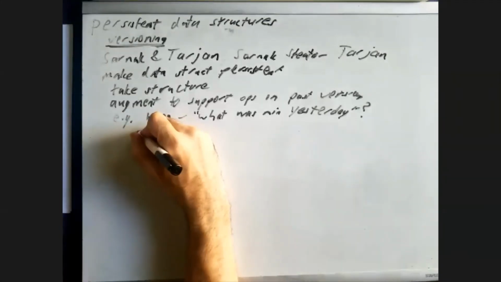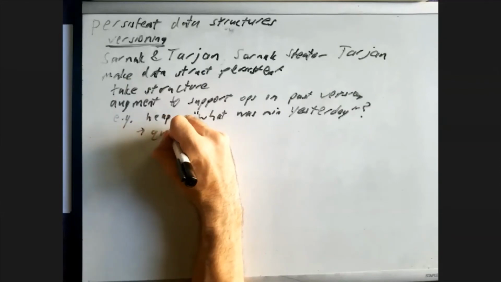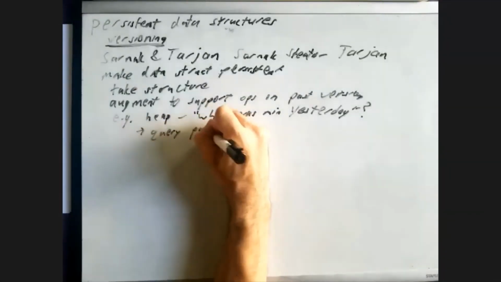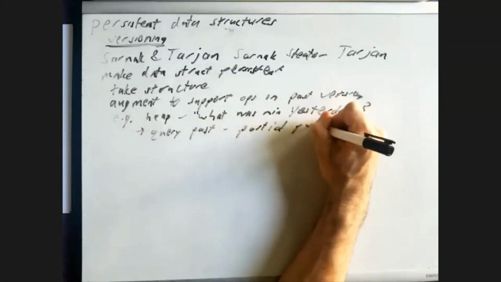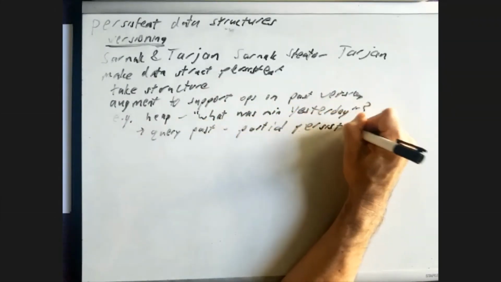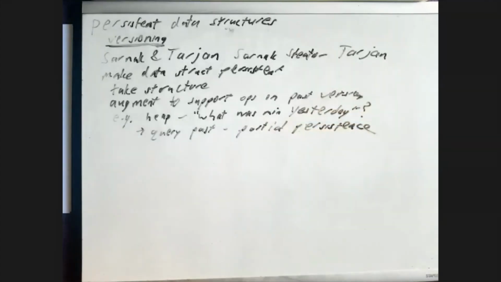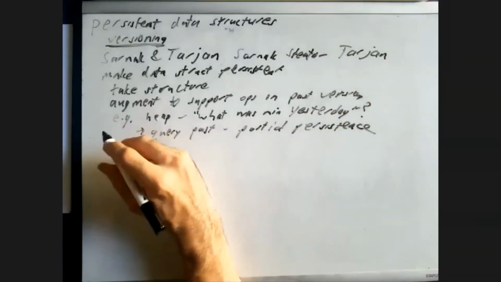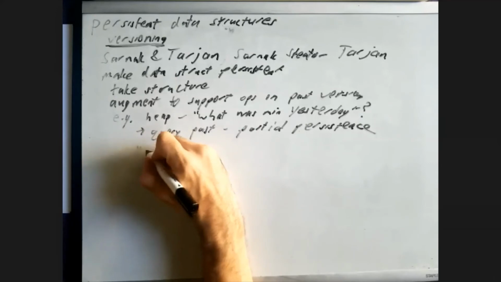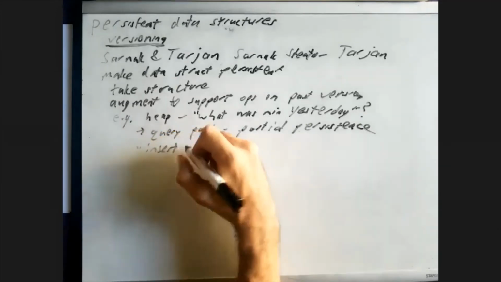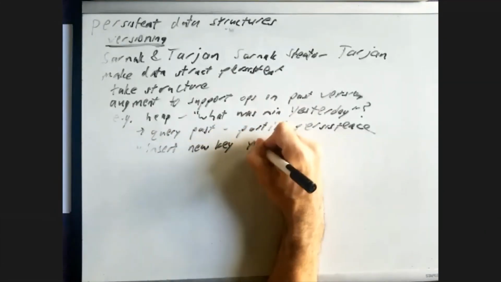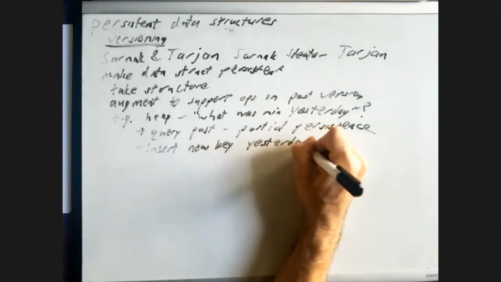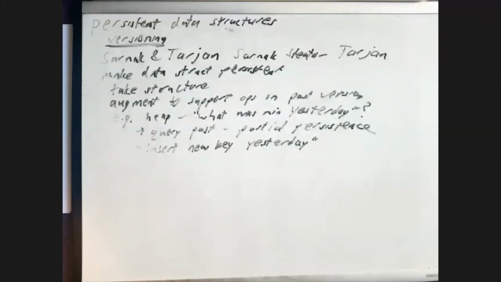Now, this ability to query the past is what's known as partial persistence. But they introduced something even weirder. They also provide the ability to insert a new key in the heap yesterday. Okay.